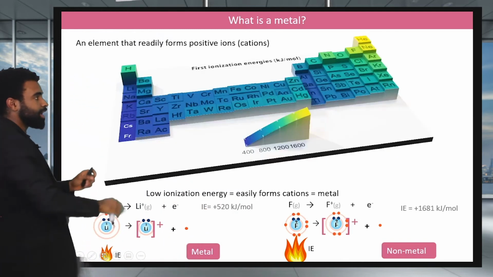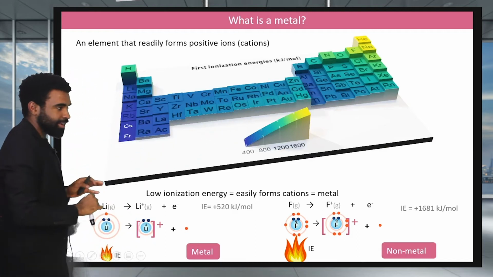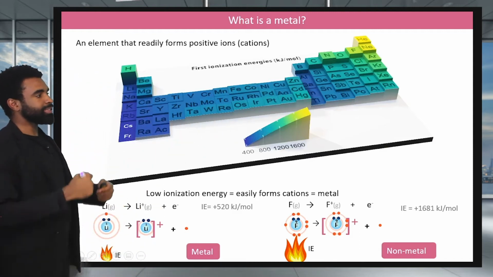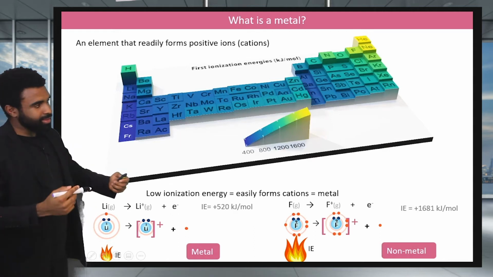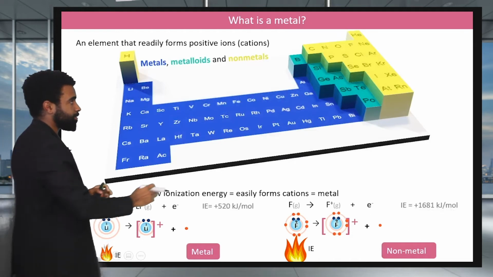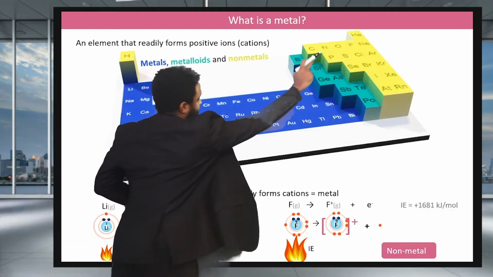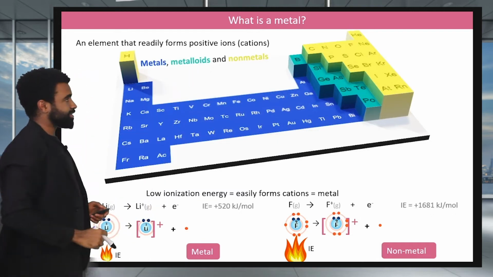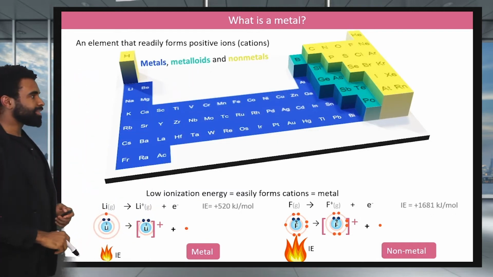Okay, so now we have again this picture, and like I said, we can use this to figure out what are metals, what are non-metals, or what are metalloids. Scientists have done this, and here is the resulting picture. Here we have the metals. In the middle, we have the staircase of metalloids, and then on the right side, we have the non-metals.